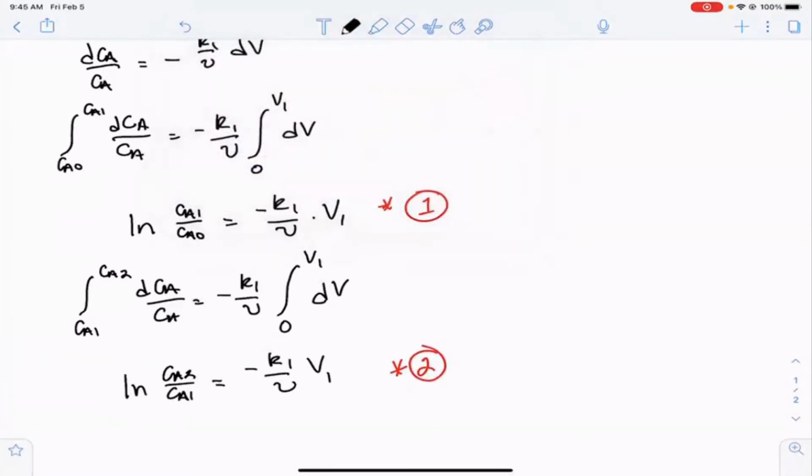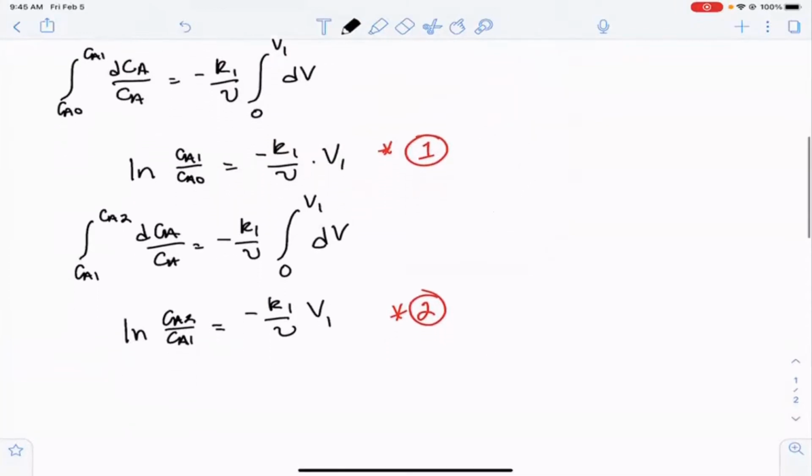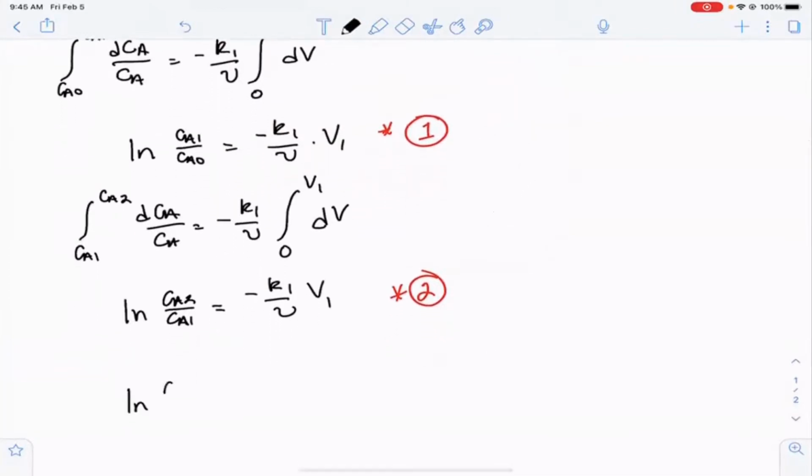And to see what would happen, we're just going to add these two equations to one another. And we'll get the natural log of CA2 over CA1 plus the natural log of CA1 over CA0 equals minus K1 over V times V1 minus K1 over V times V1.